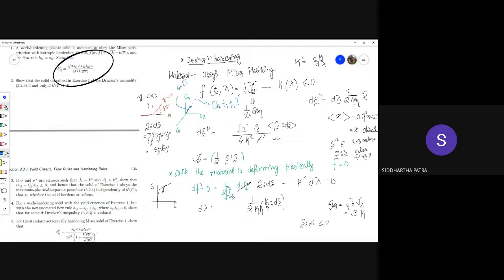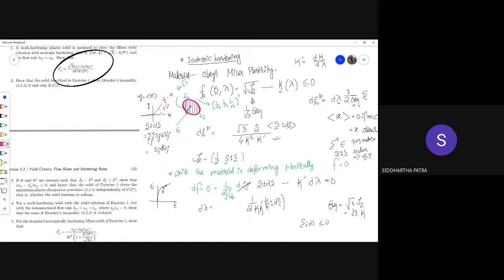Then you have this deviatoric plane, and let's say this circle represents the current yield surface. Of course there is isotropic hardening, which means as you develop more and more plastic strain, it increases continuously.